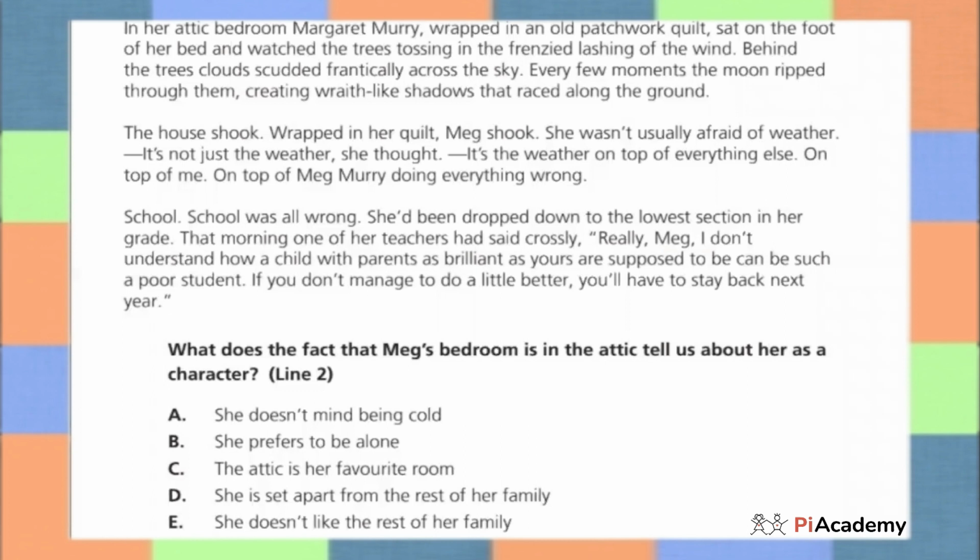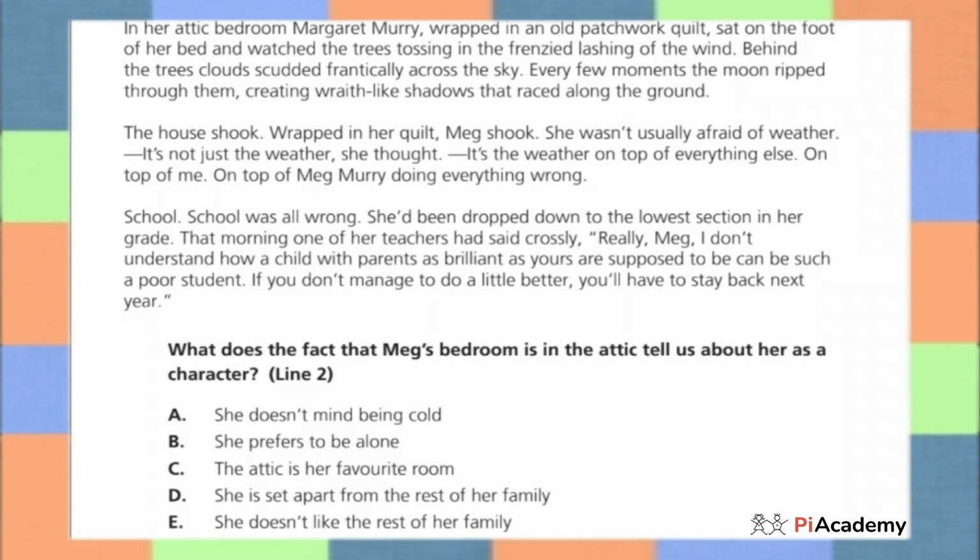In her attic bedroom, Margaret Murray, wrapped in an old patchwork quilt, sat on the foot of her bed and watched the trees tossing in the frenzied lashing of the wind. Behind the trees, clouds scudded frantically across the sky.